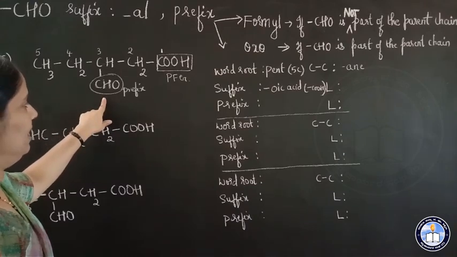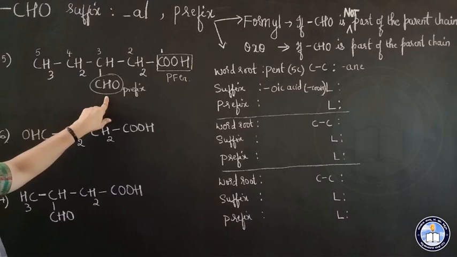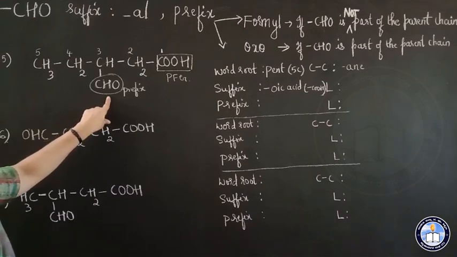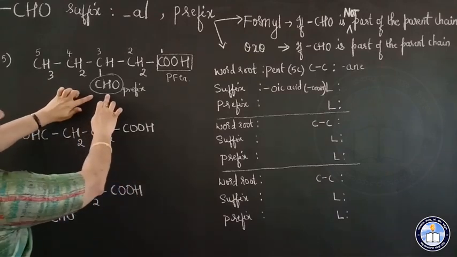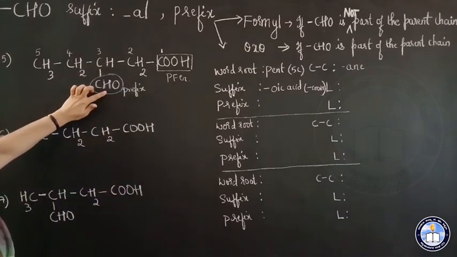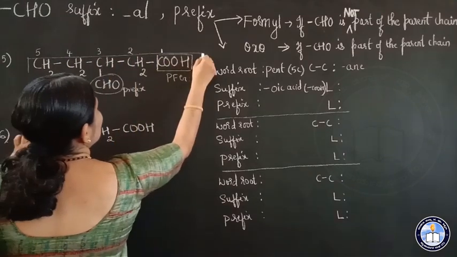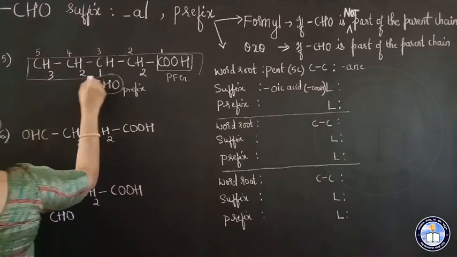Prefix. Now, CHO group, whether to give the name formyl or oxo. This CHO group is not the part of the parent chain. Now, this is our parent chain, right? So this is our parent chain.